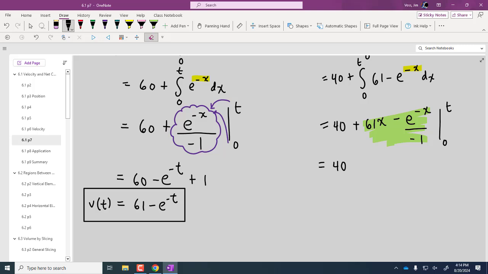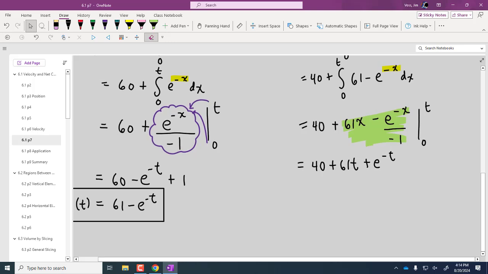So first, let's plug in the t. So we're going to get 1t plus e to the negative t. And to make sure we don't make a mistake, we're going to subtract off the green box evaluated at 0. So we're subtracting off the antiderivative at 0. So subtracting off inside the parentheses is whatever that is.